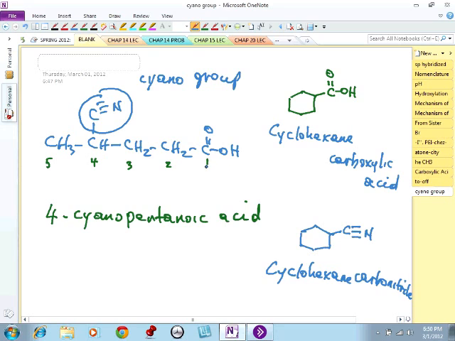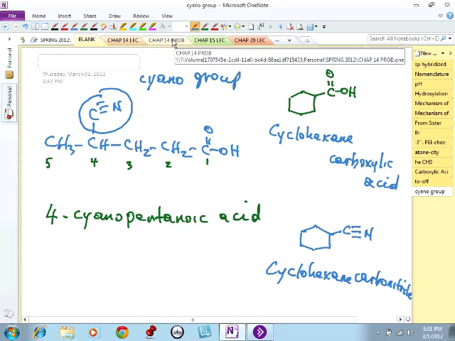No, 1 word. That's the IUPAC convention. Carboxylic acid takes preference over everything else, over ketone, over aldehyde, over cyano.